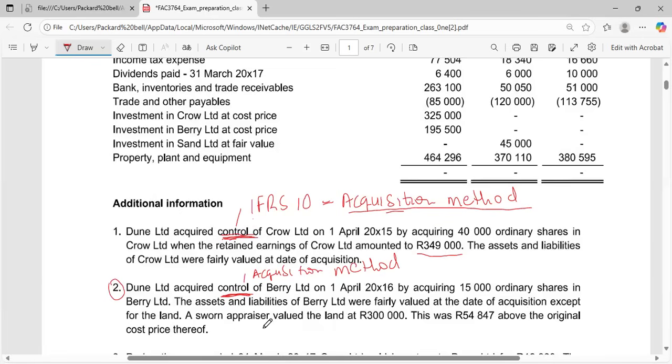A sole appraiser valued the land at 300. This was 54,847 above the original price. So this is what happened at acquisition. At acquisition, right, so let's look at the next part.